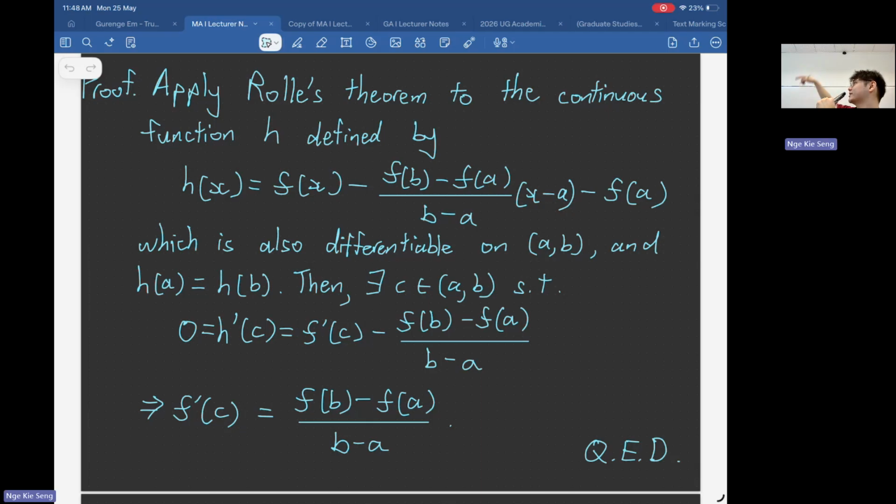How do I motivate you here? How do you interpret this? You take your f(x) and then take away the value. Let's draw this and see how I motivate it.